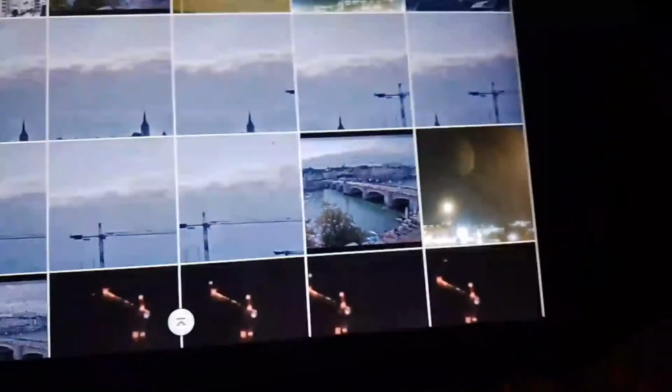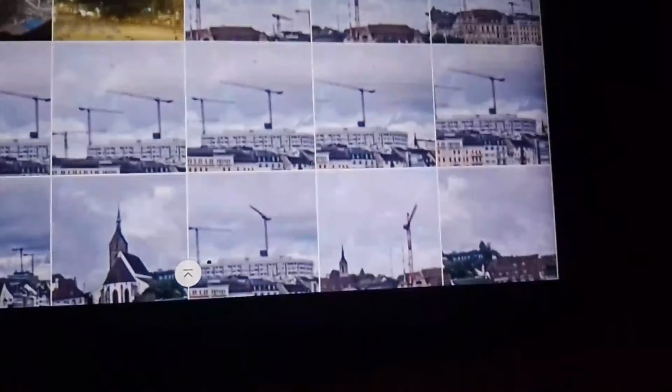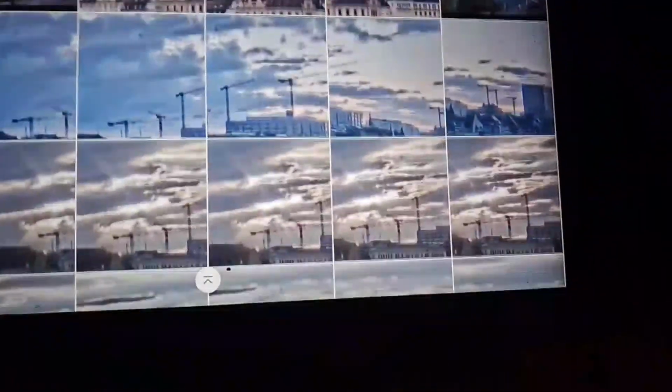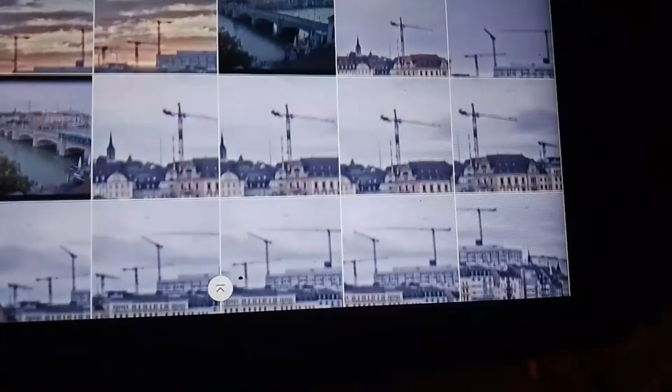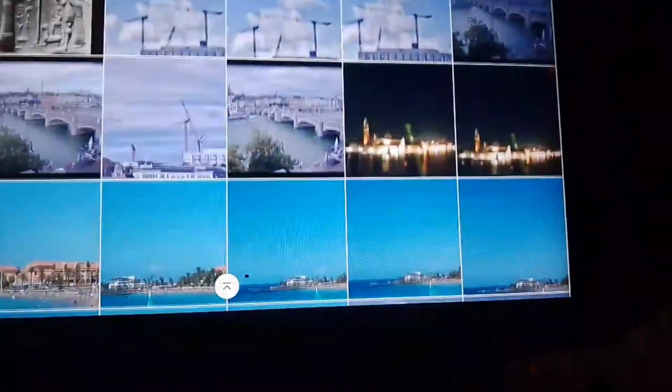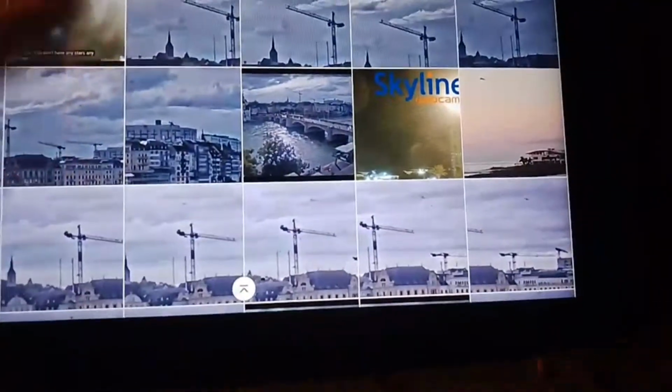I was looking for a picture to show you where the location of the object was in the beginning. I don't know if I still have the picture, maybe I removed it. So that's why I went down like this. So here we have it. Maybe you see here, it is near.